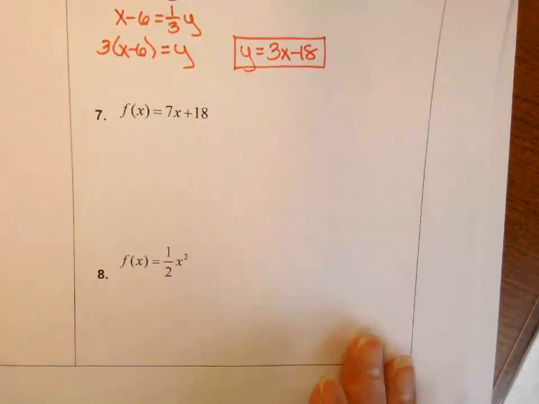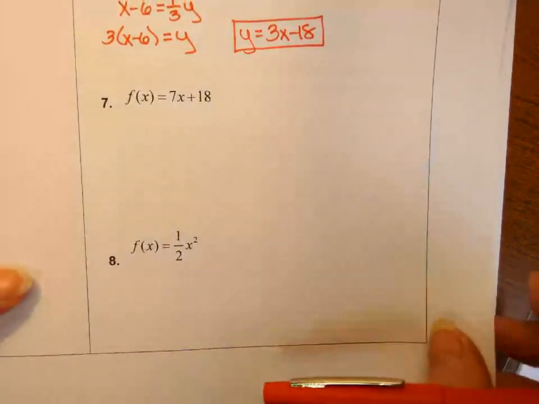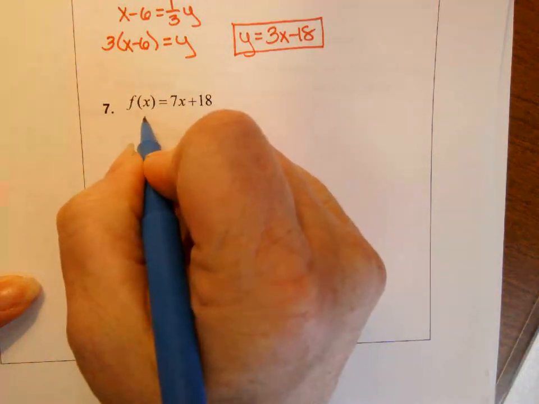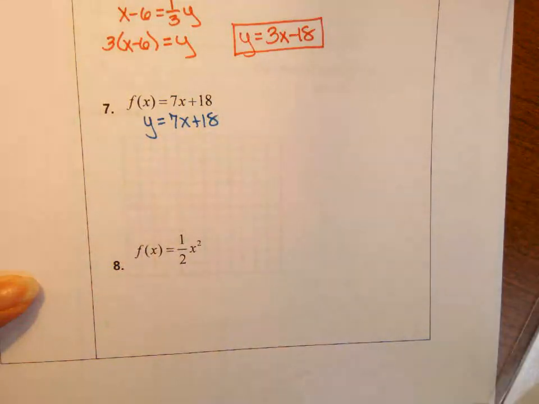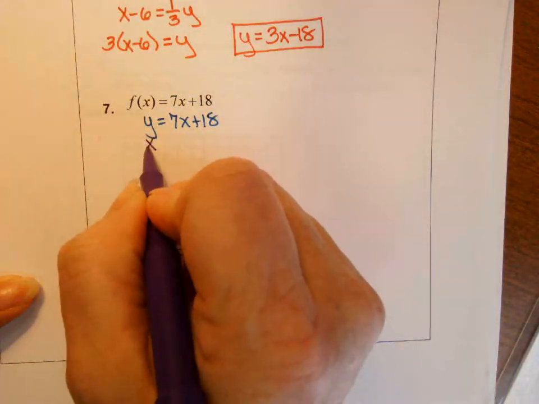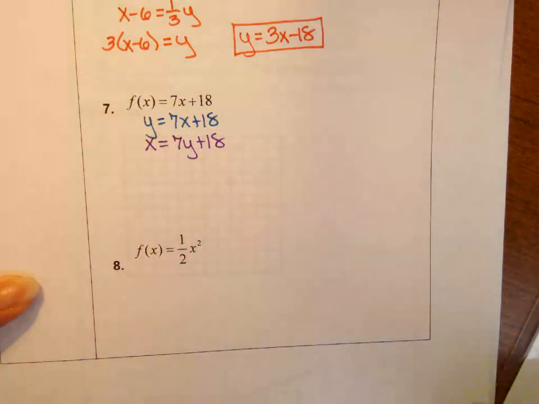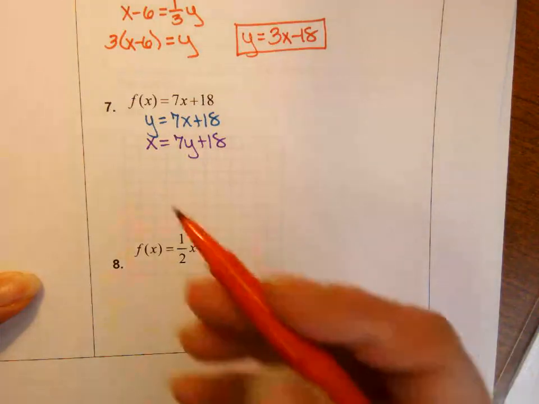Now for our next one, we're using f of x instead of y. Go ahead and start off by making it a y. Y equals 7x plus 18, and then switch your x and y. Let's isolate our y.